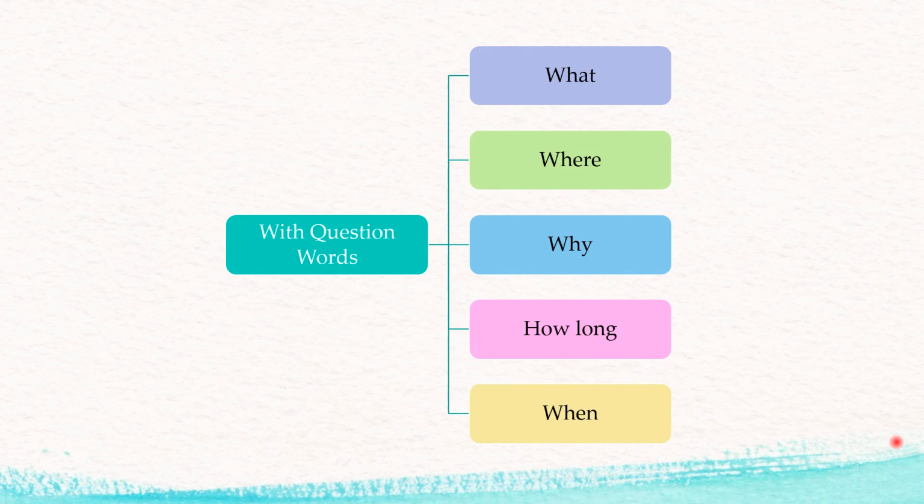Let's review some of the question words. The first, we have what, that is used for general questions. Then we have where, that means place. Then we have why, that means reason. Then we have how long, that means period of time. And when, that means time.